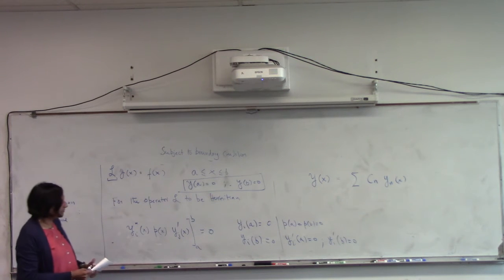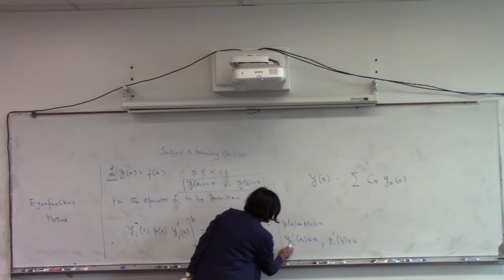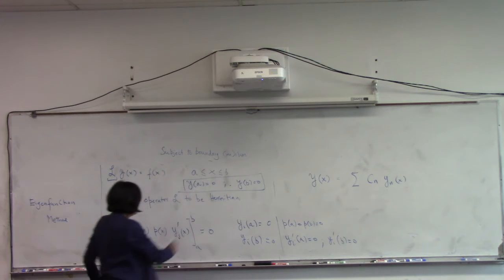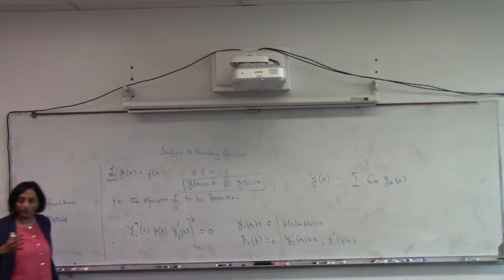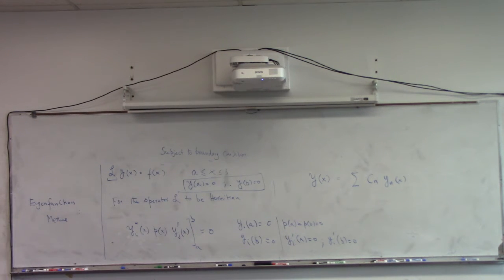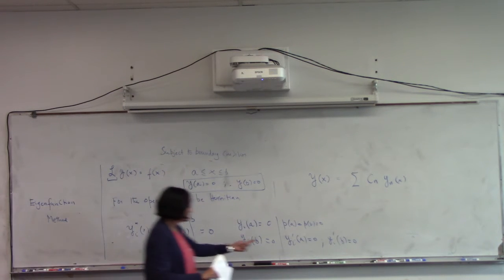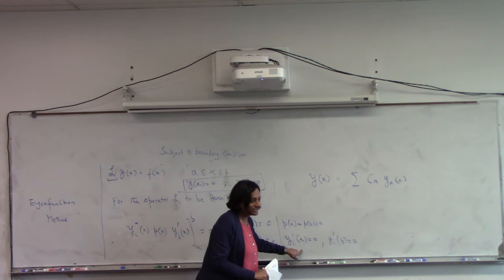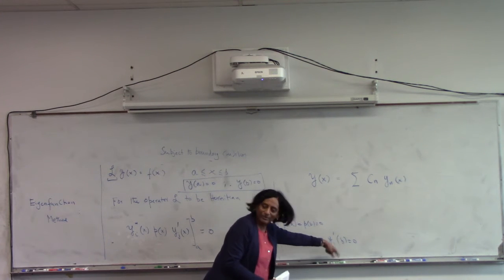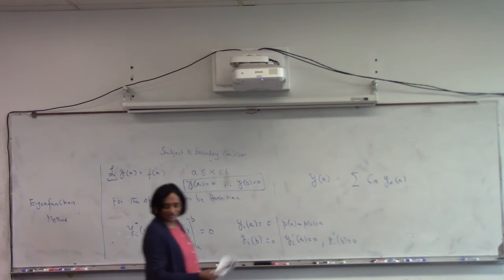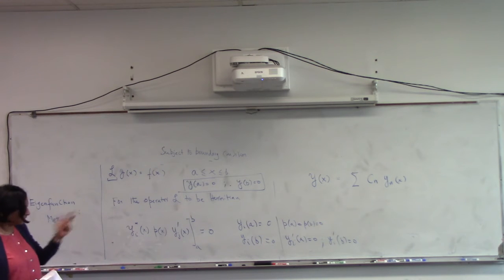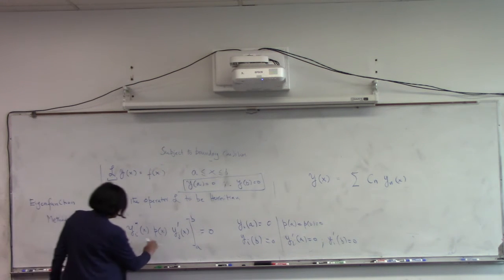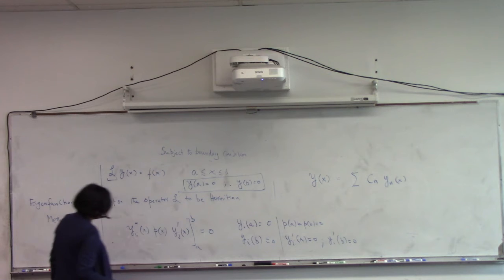Right now it is just a different solution. Depending on L, if it is a second order differential equation, it has two solutions, y1 and y2. So basically, what I mean is y1 at A is 0, and y2 prime at B is 0. That's all it means.